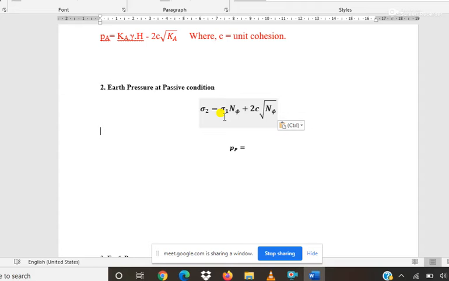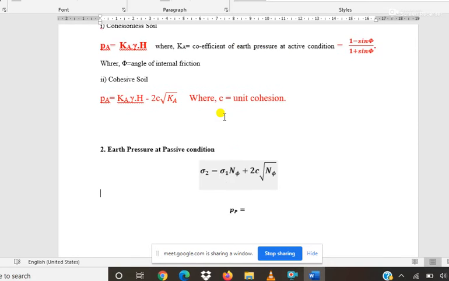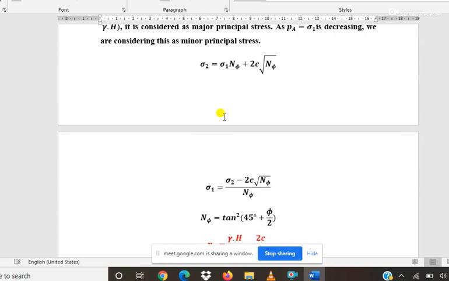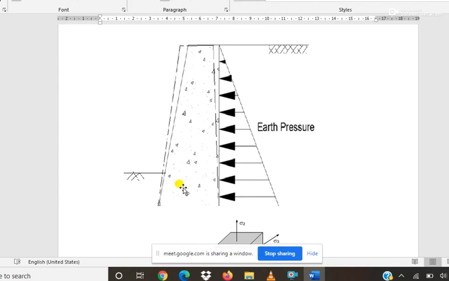But here the difference is that the movement of this wall is due to the lateral earth pressure, and the movement is increasing. As the movement increases, the value of passive earth pressure will also increase. In case of active earth pressure, as the movement or the displacement of this wall increases, the active earth pressure will decrease.